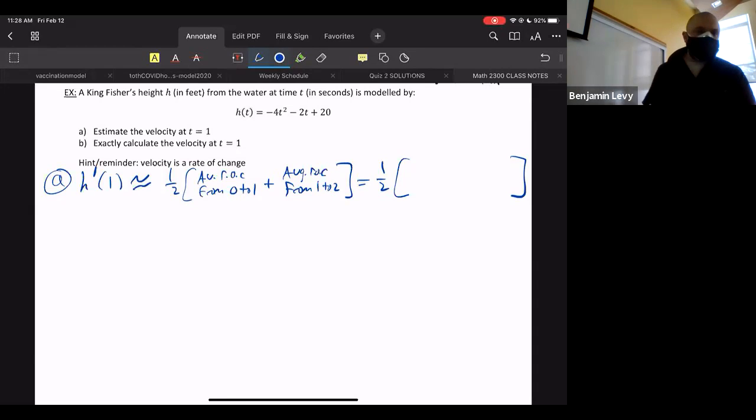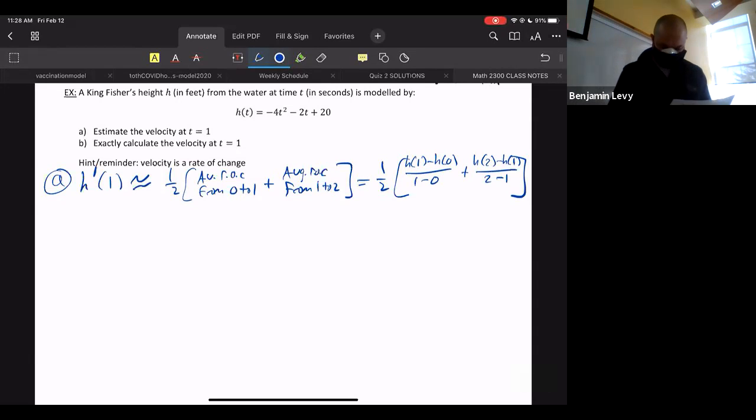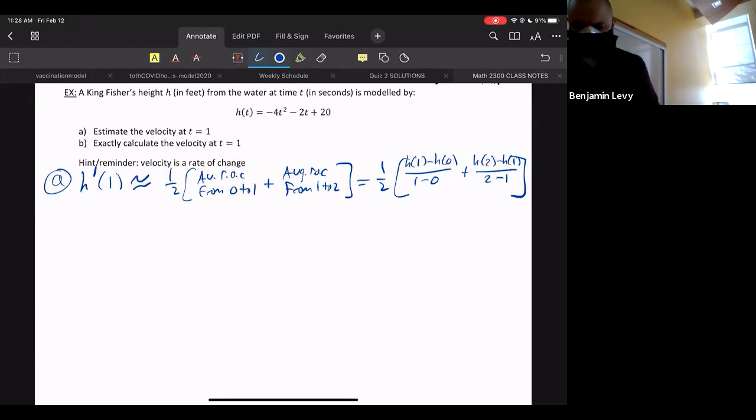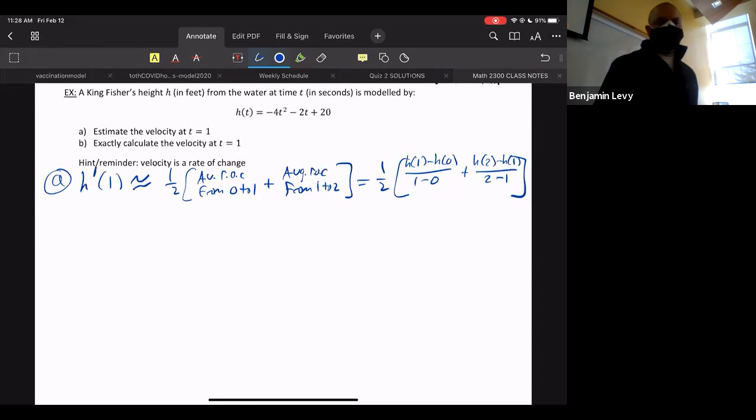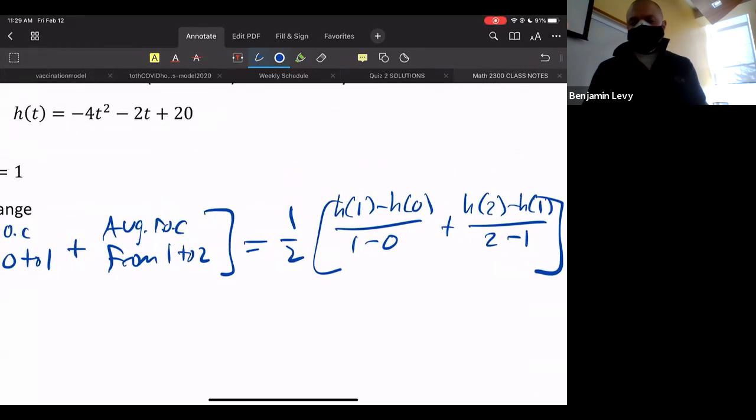All right, I'm gonna slowly write down the next step and let me know what you think. Does that look okay so far?